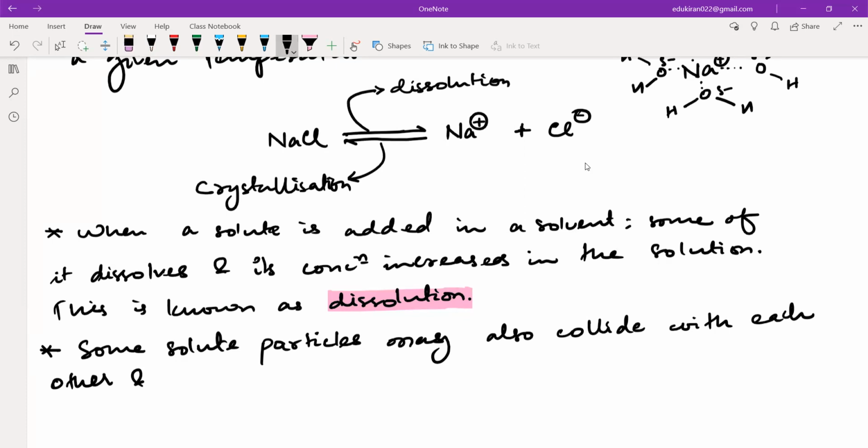As soon as it forms solid NaCl, it gets separated from the solution. They are no more in the aqueous phase.